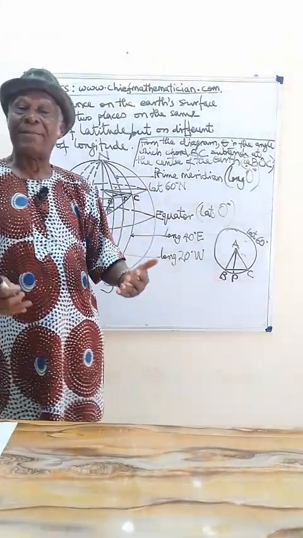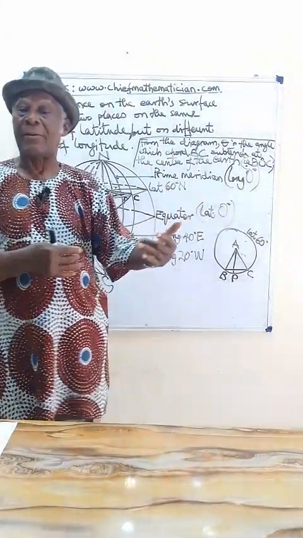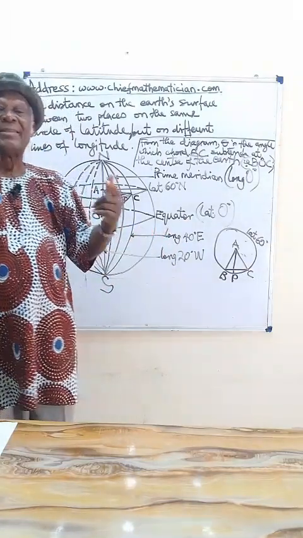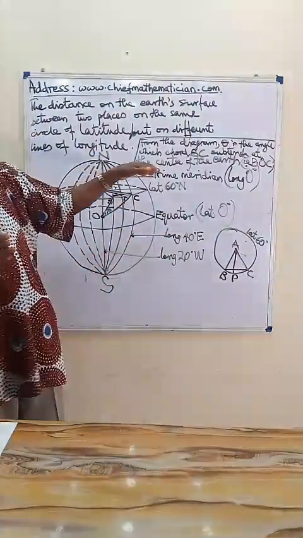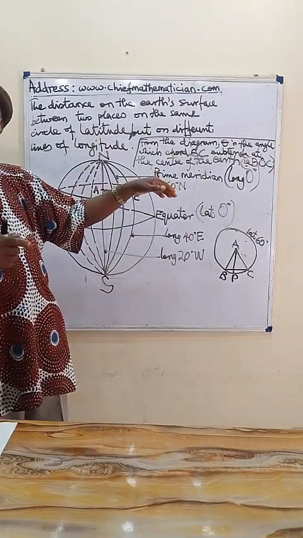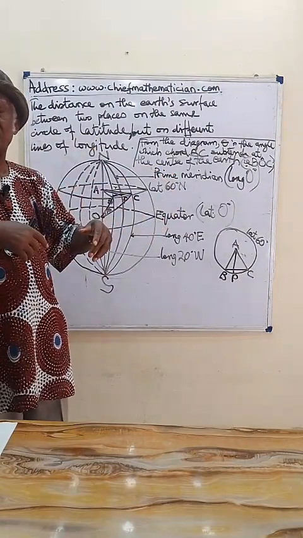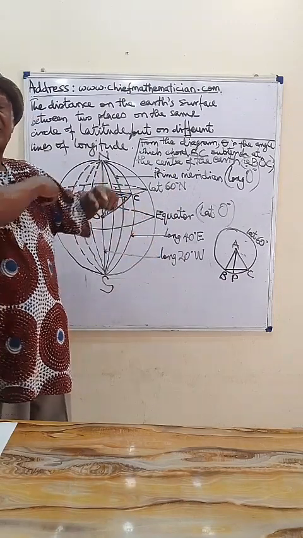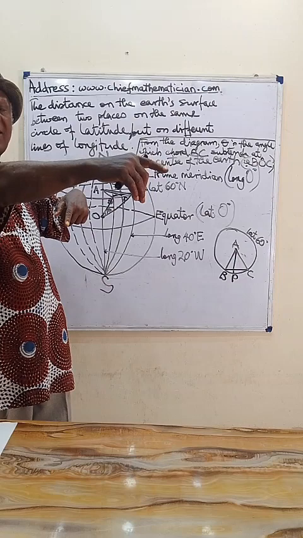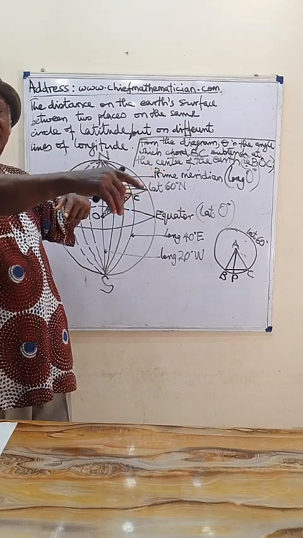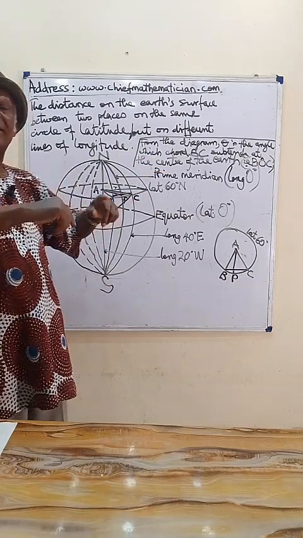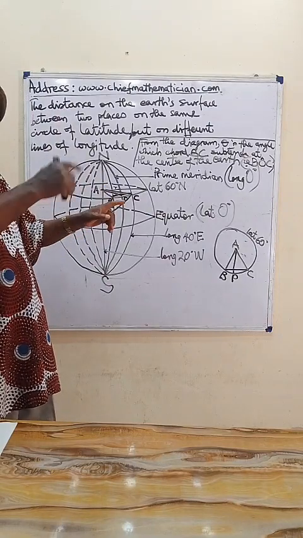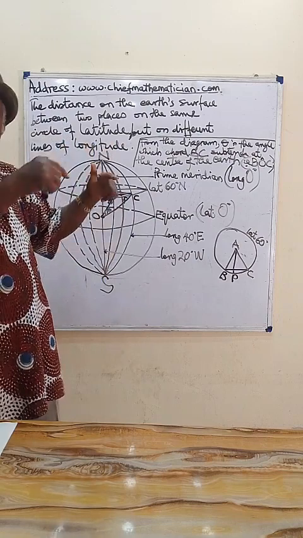Well, I have taken this extra step so that you now know that it is not only the length of the arc BC on that circle of latitude and on the earth's surface that you can calculate. You can as well calculate the length of the chord that joins B and C. You can as well calculate the arc that connects B and C, but this time on a great circle.